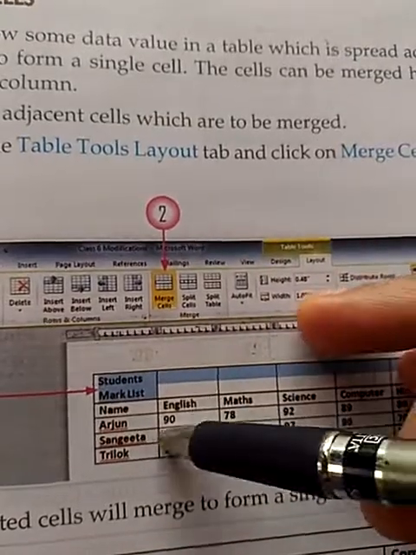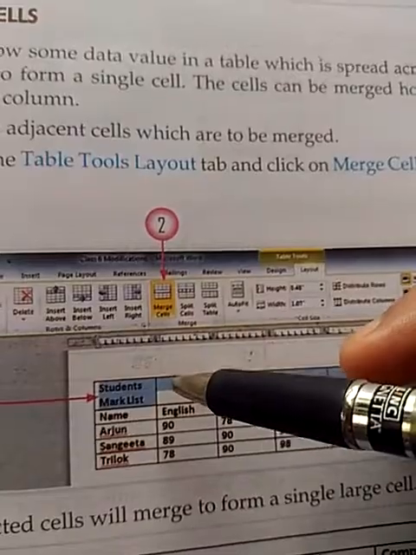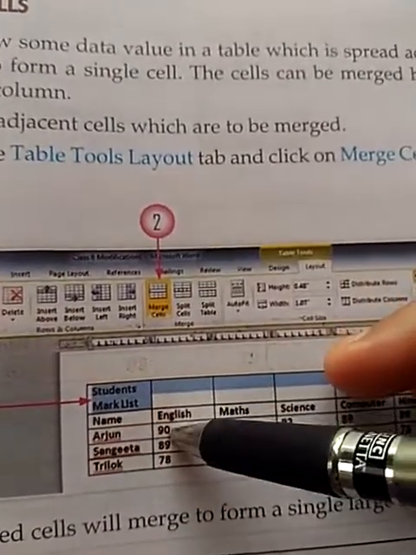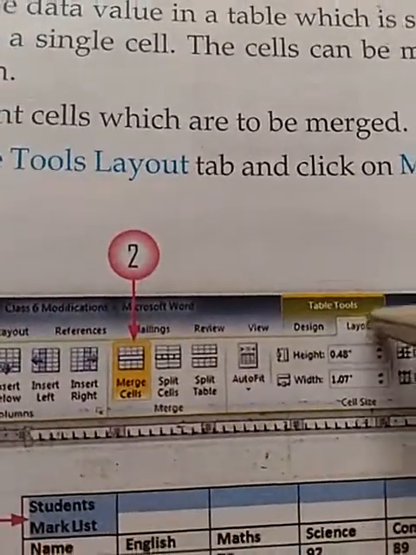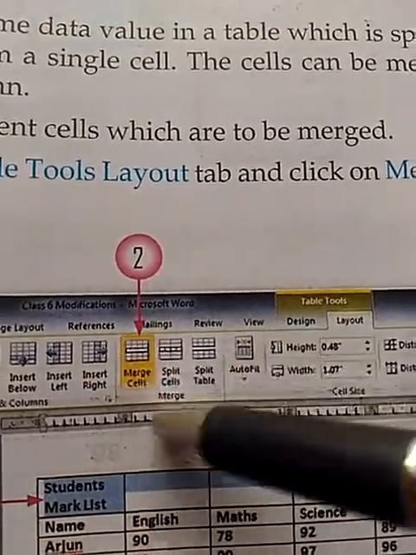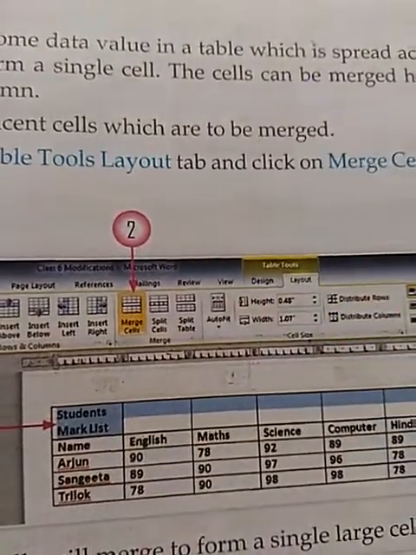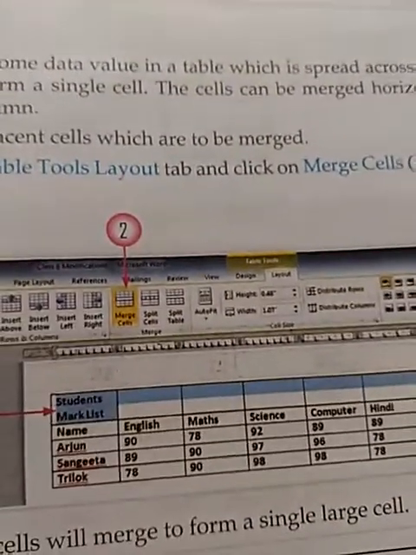Simply select all those cells which you want to merge by dragging the mouse over the cells, and after that on the Layout tab you will find the option merge cell. The merge cell option will join all the selected cells to form a large cell.